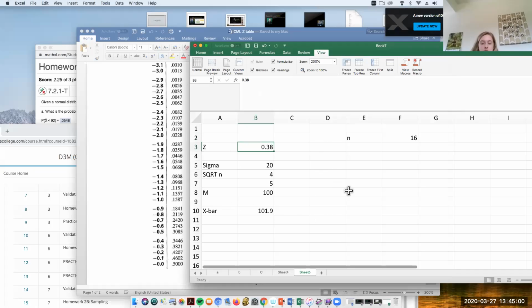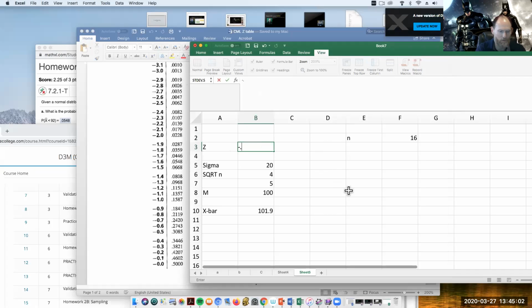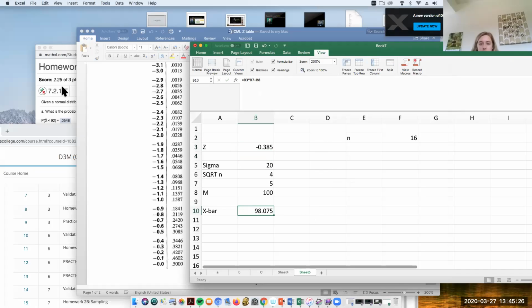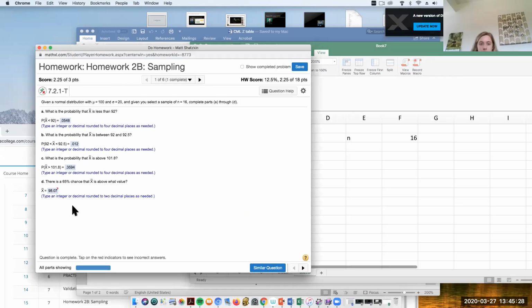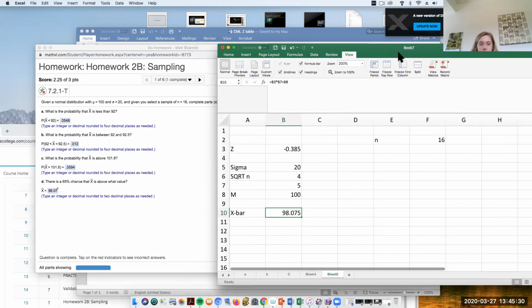Let me just, well, it's somewhere between a Z of negative 0.38 and negative 0.39. So I'm just going to go with this for now. Check that out. You see that, Lexi? That's pretty close to that.